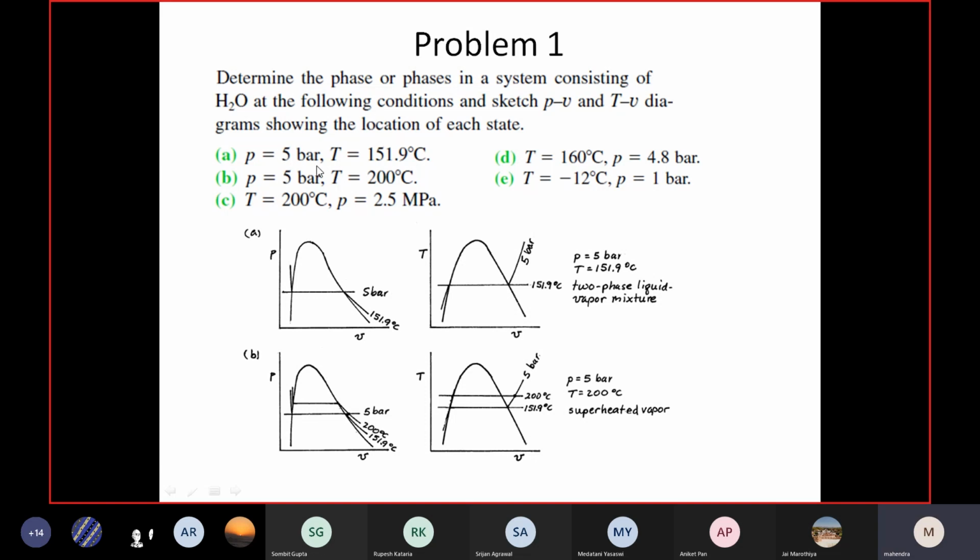Suppose case 1 is 5 bar, temperature equal to 151.9 degrees centigrade. Can you please go to table A2 or A3? At this pressure, what is the saturation temperature given over there? Can anyone tell me? Please be active, because this practice itself you will be doing now in the class.